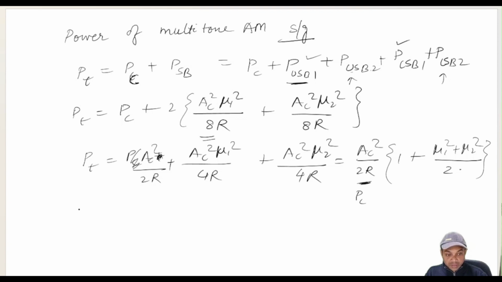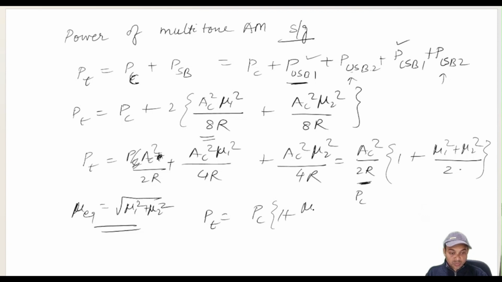Then we can write mu equivalent as the square root of mu1 square plus mu2 square. Then PT is equal to PC into 1 plus mu equivalent square divided by 2. I hope it is clear.